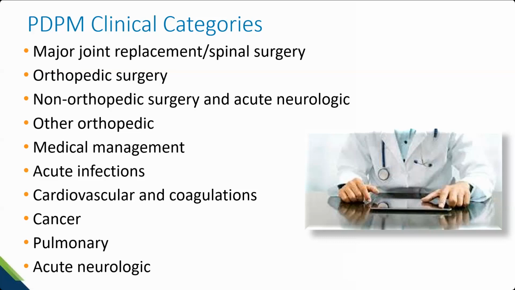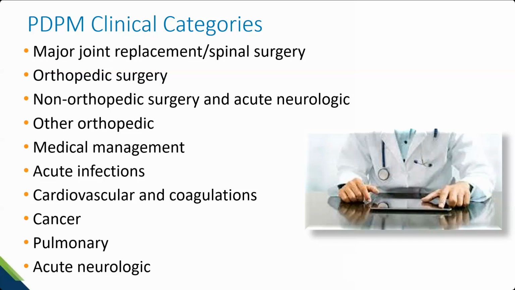So given similar costs among certain clinical categories as they relate to PT and OT costs, CMS collapsed certain clinical categories together under the PT and OT components. So for instance, major joint replacement by itself is actually collapsed into a PT and OT category as major joint replacement or spinal surgery.